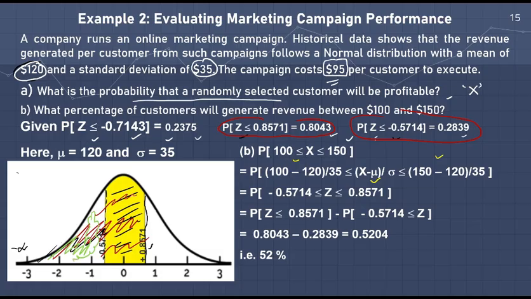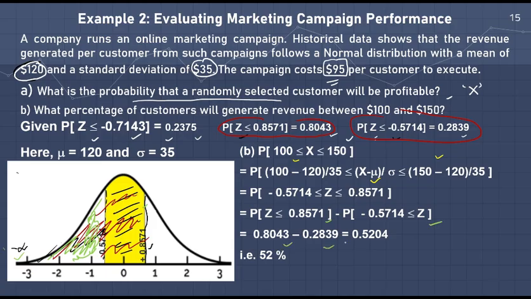Now, if we subtract the green part, which ends here, from the red part, which goes up to here, then we get the yellow area. That is what we are doing here. So Z less than 0.8571, that is from this part to the end of the yellow area, minus this part up to the beginning of the yellow area. So accordingly we get the yellow area only.